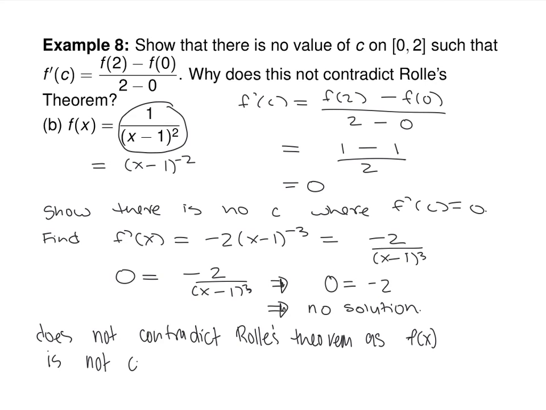It's not continuous. And where? At what number? At 1. At x equals 1, right? So the point is that if you try to apply Rolle's theorem to something for which one of those three things doesn't hold, then the theorem doesn't work. Okay, so that's it for that lesson.